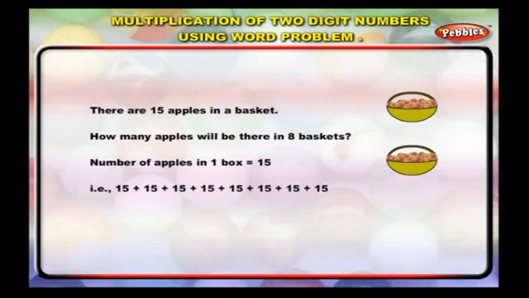That is, 15 plus 15 plus 15 plus 15 plus 15 plus 15 plus 15 plus 15. Number of apples in 8 baskets is equal to 15 into 8, which is equal to 120.